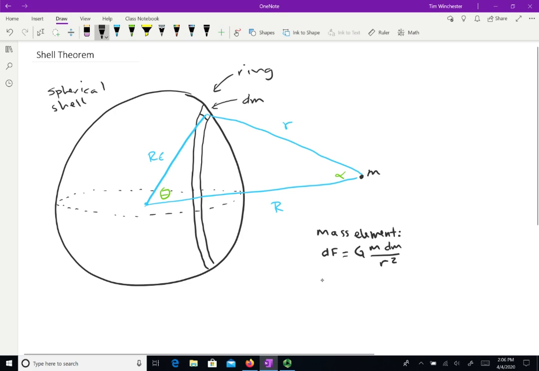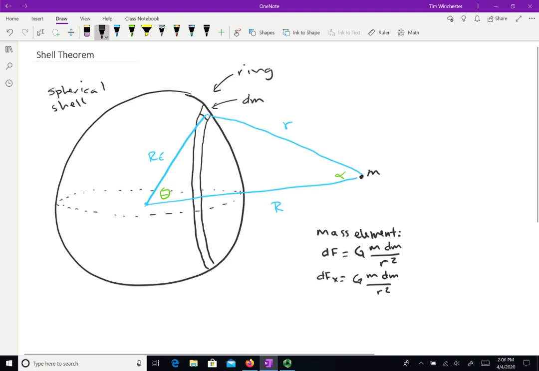So dFx is going to be the same magnitude, GM dm over r squared, but times just the component that is in the horizontal direction.